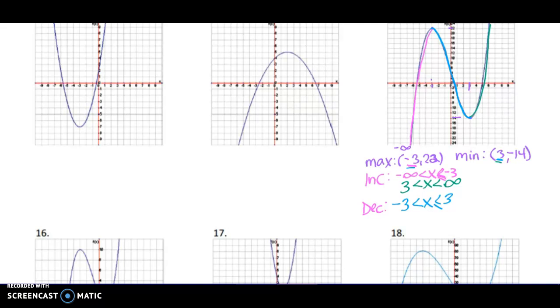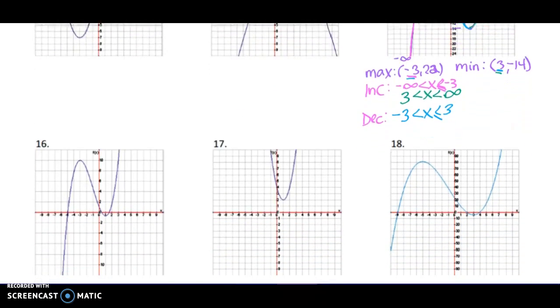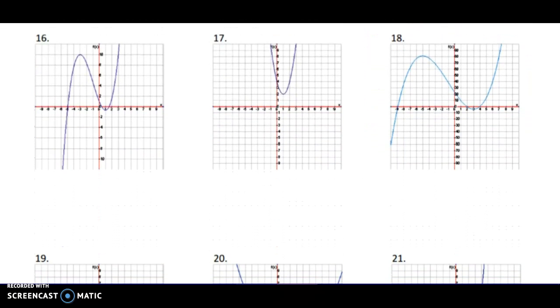Alright, so how about we can do one more. Look at 18. Negative infinity for the left, positive infinity for the right. The maximum at -5, 80.